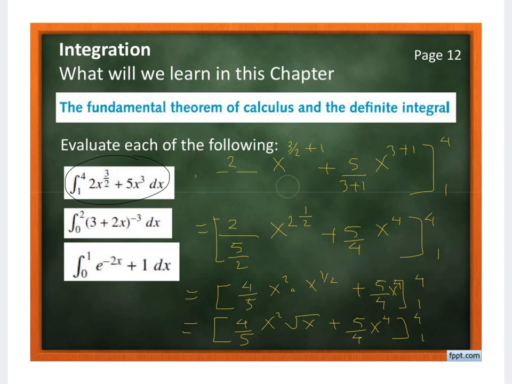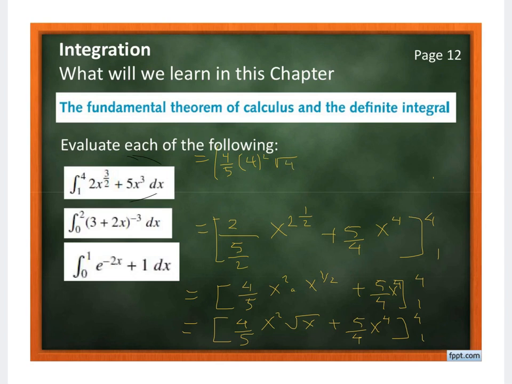Now 1 and 4. So equal 4/5. We substitute x become 4.